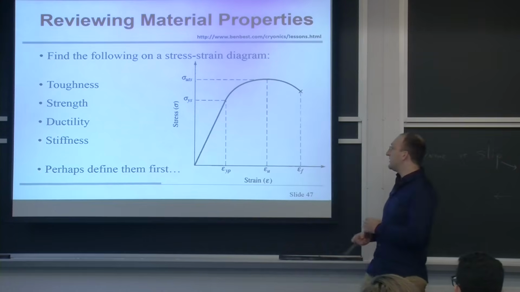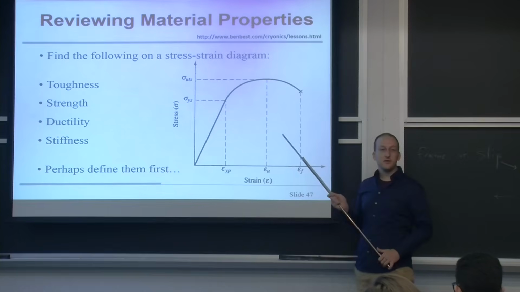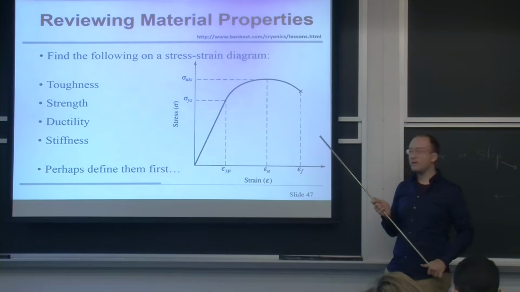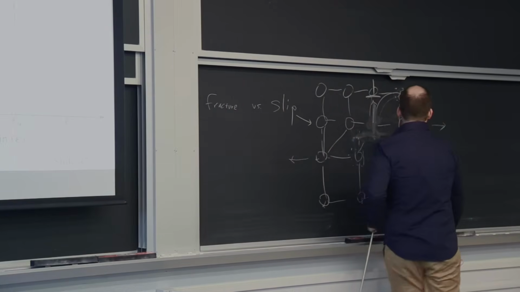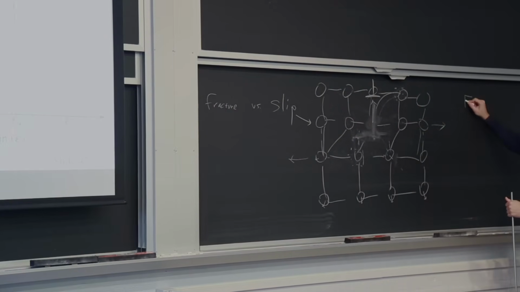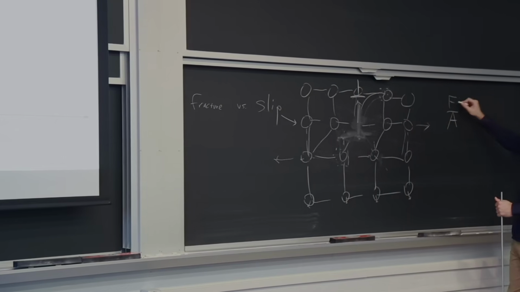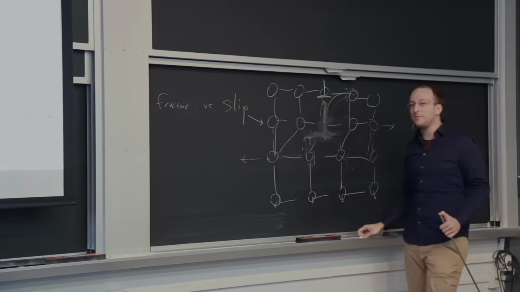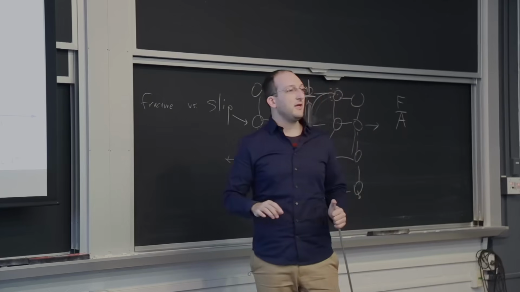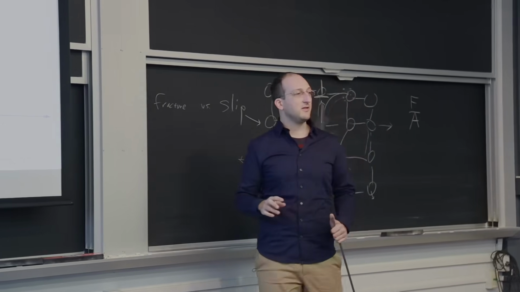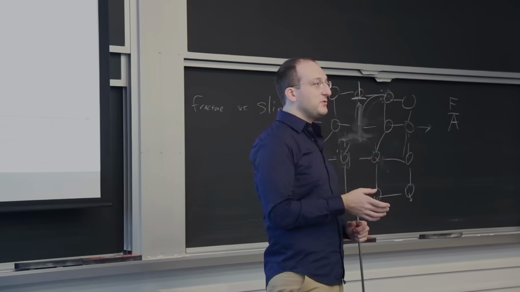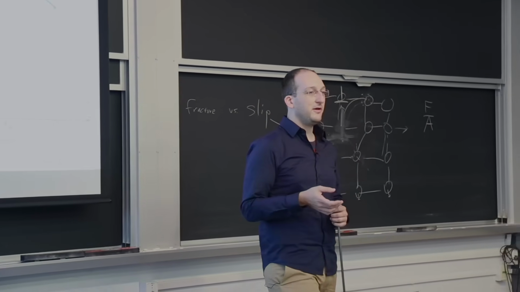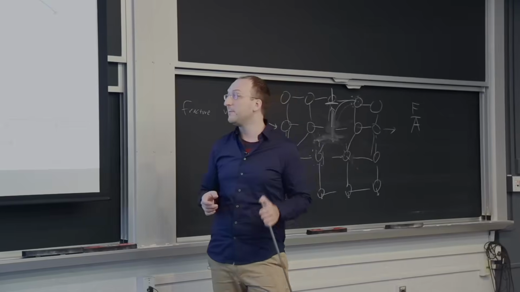So first I want to mention what you're seeing right here. It's called a stress-strain curve. Stress is simple. Stress is just a force divided by an area. And usually the criterion for will a material deform or will it break is, does it reach a certain stress? It doesn't matter just how much force you put on it, but how much force per atom or how much force per area determines whether bonds are going to break.